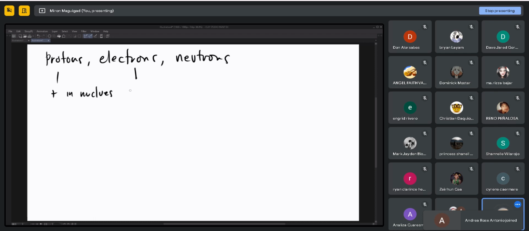It means protons are positive, then electrons are negatively charged. Neutrons are also found in the nucleus of the atom and have almost the same mass as a proton, but neutrons don't have charges. Neutral lang po siya.